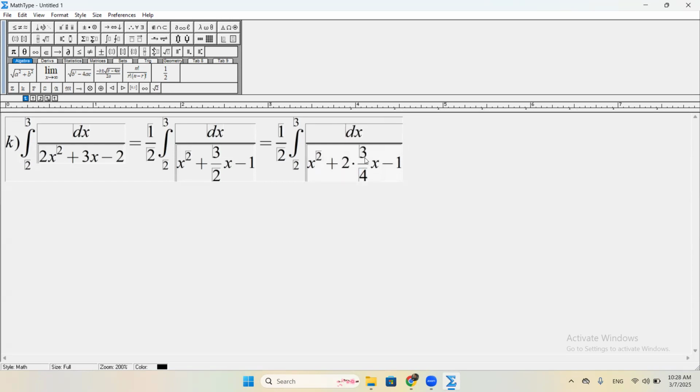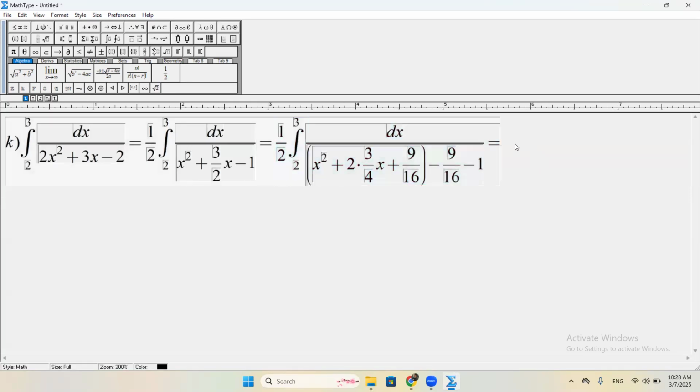And so we need to write down the square of 3 over 4, plus 9 over 16 and minus 9 over 16. So now we can write it in brackets.